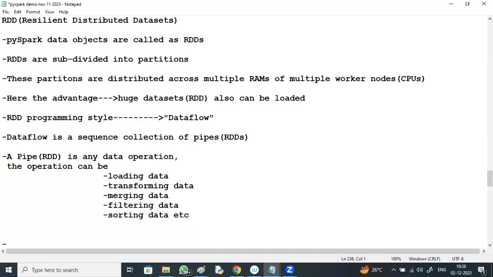In Spark, data flow is executed. This is important.